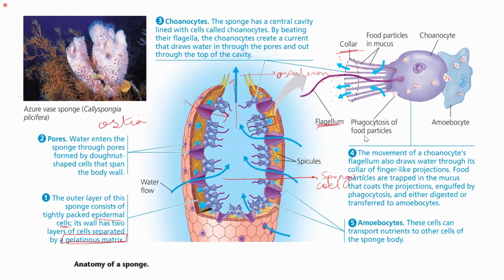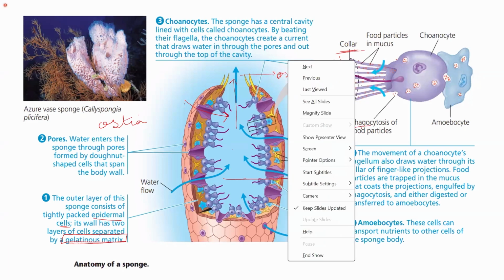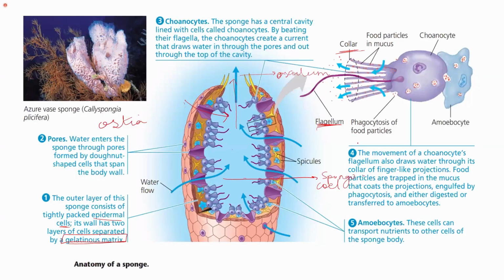Also, these cells help in the phagocytosis of the food particles present along with the water. They have an amoebocyte-like structure that allows excretion also, right?